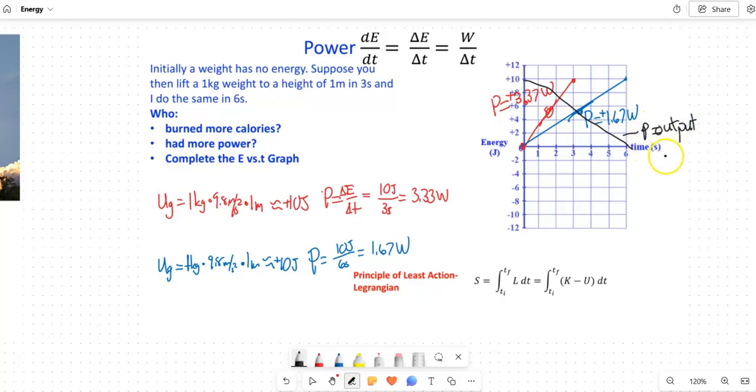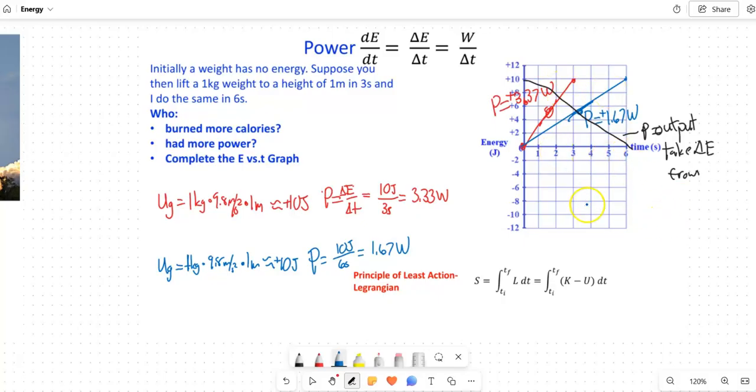You're pulling from the system, taking energy away from the system. While a positive slope is you're adding energy to the system. A zero slope, again, is you're not adding or subtracting energy from the system. You're doing nothing. So positive work, negative work, and zero work.